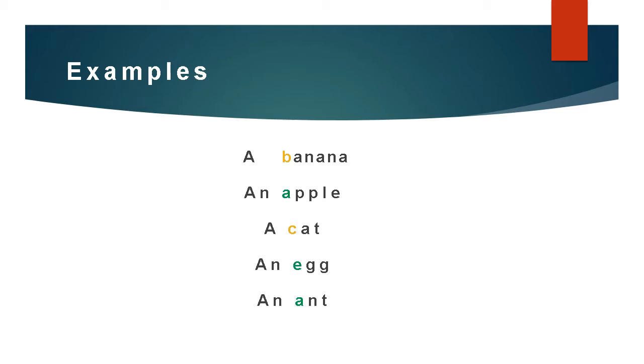But when the noun starts with a vowel like A, E, U, O, we cannot say a apple, but we say an apple. We put the n article, okay? And when you pronounce an apple, it will sound like one word. ديروا لا liaison هكا باش يولي كلمة واحدة. An apple.